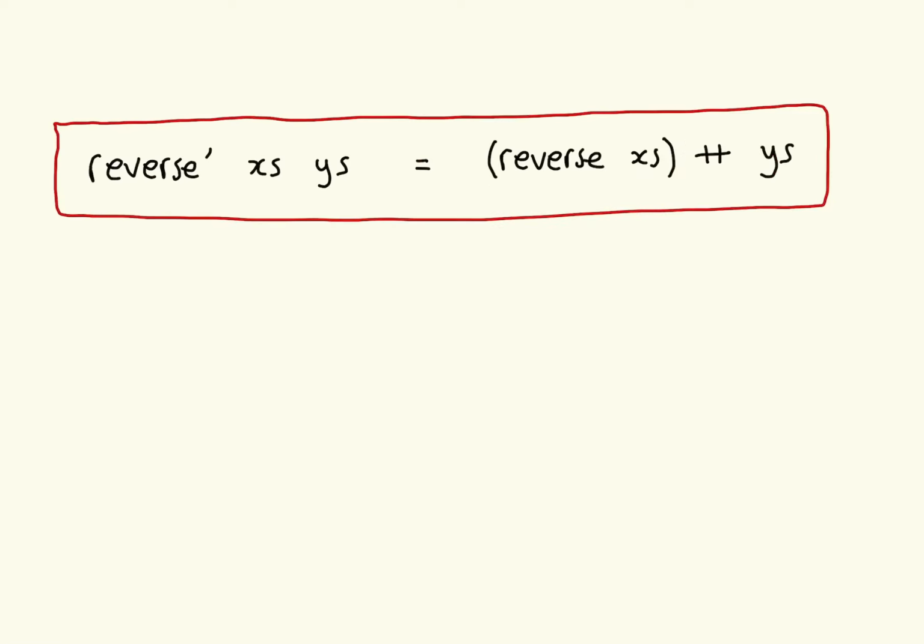We'll take our left-hand side, which is reverse prime, and the input list x's is going to be the empty list, and then we have the list y's. Then we think, well, what can we do? The only thing that we know about the reverse prime function is that it must satisfy this equation here.